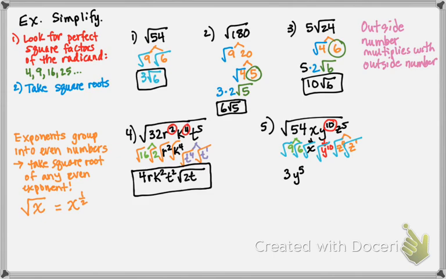And then square root of z to the 4th is z squared. And then left underneath the radical, oh, that's a really long radical. Let's try that again. Can't take the square root of 6. Can't take the square root of x. Can't take the square root of z. Okay, so I get 3 y to the 5th z squared times radical 6xz.